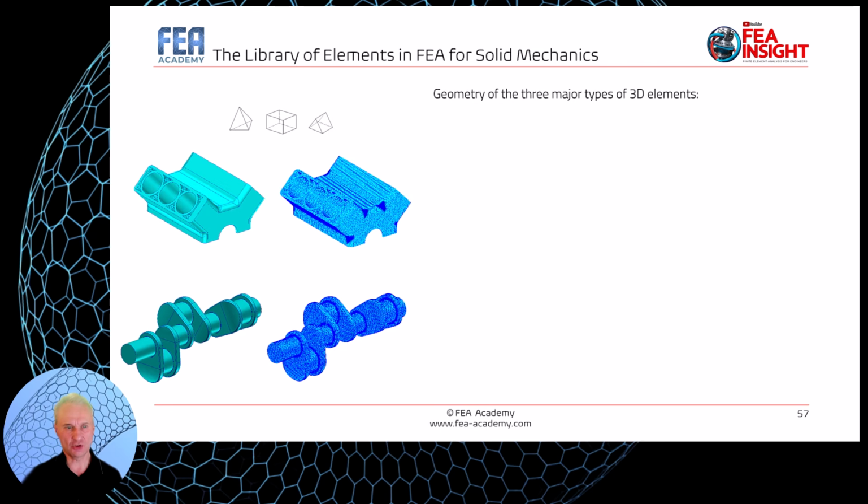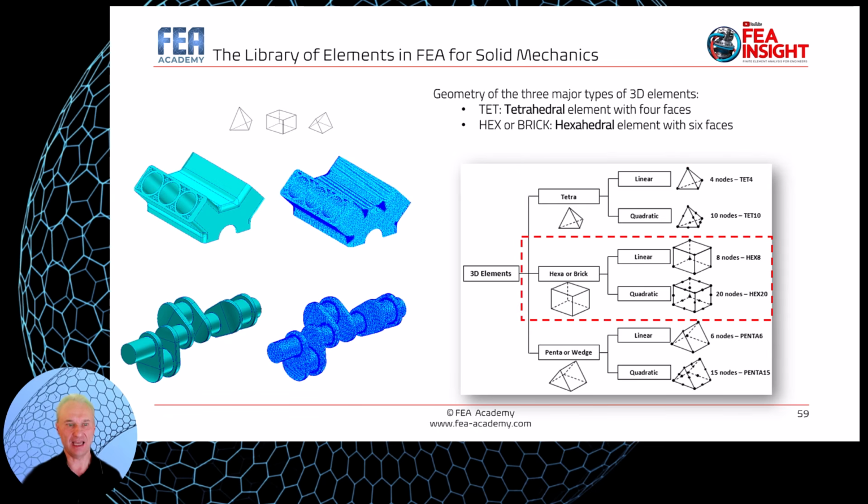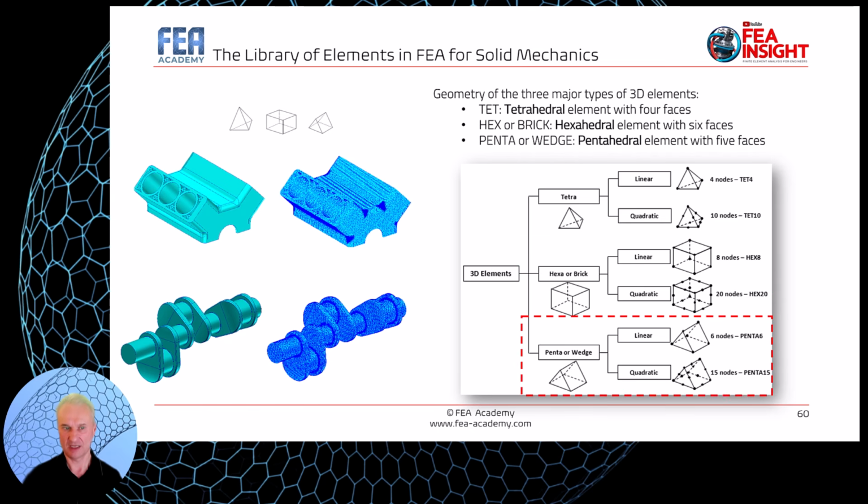The geometry of the 3 major types of 3D elements are the tet elements, the linear tet element at 4 nodes, and the quadratic tet element at 10 nodes. The hex or brick elements, which are the 6 faces elements, the linear element at 8 nodes, the quadratic element at 20 nodes. And finally, the penta or wedge element, the linear element at 6 nodes, and the quadratic element at 15 nodes.